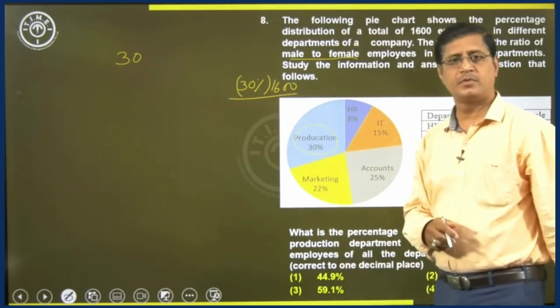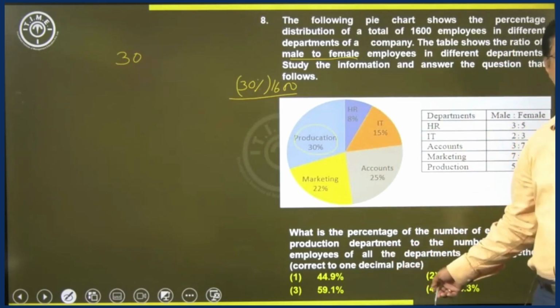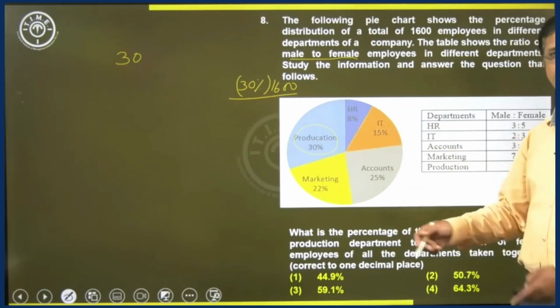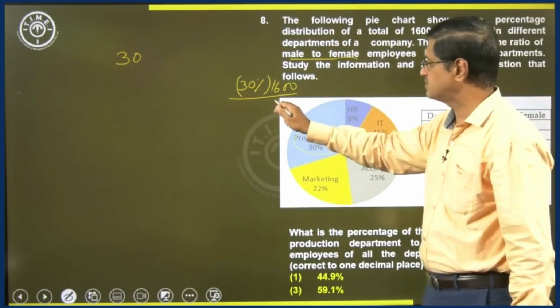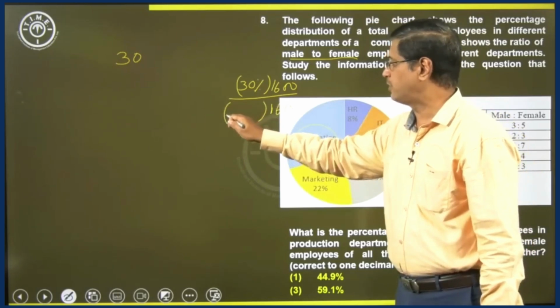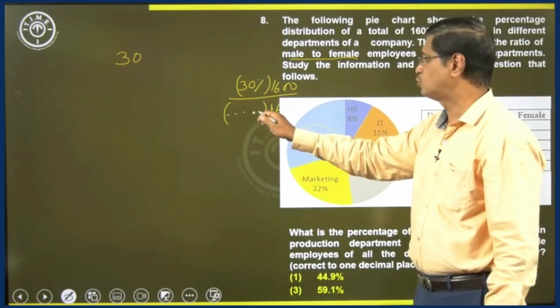What is being asked here? Find the total number of female employees in all the departments. When you are finding the number of females in all the departments, you are taking the total number of employees, that is 1600, and all the departments, production, HR, IT, and so on.